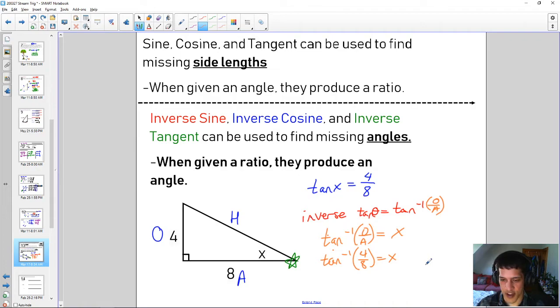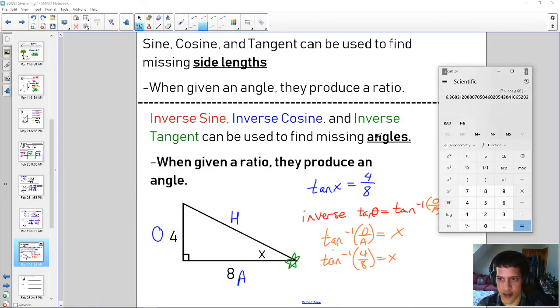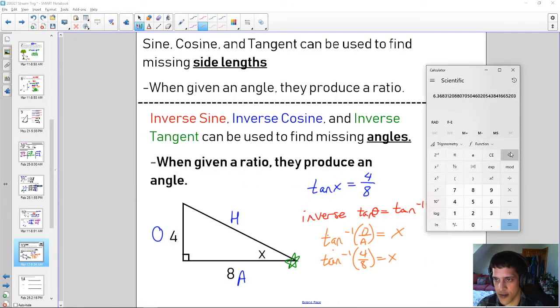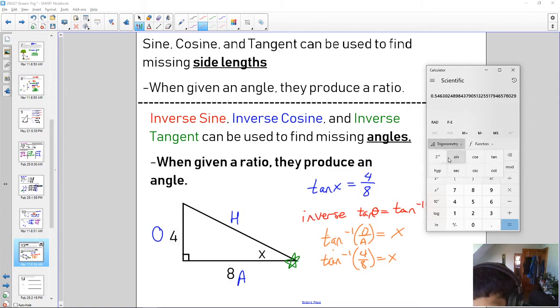And that we can put into our calculator. 4 divided by 8, that's going to be 0.5. And then where's inverse tan? It doesn't have inverse tan. Second? Oh, there we go.